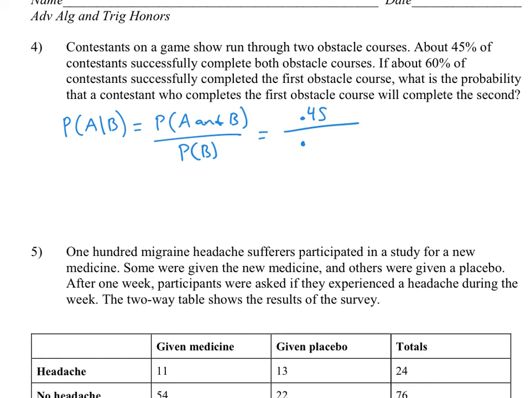So this is saying if somebody completed the first obstacle course successfully, so that's the denominator, our 45% out of 60% is the same thing as 45 out of 60, which is 3/4, and that would be 75%.